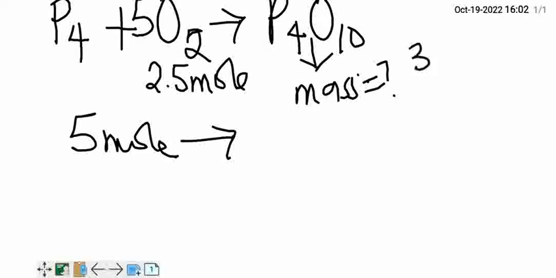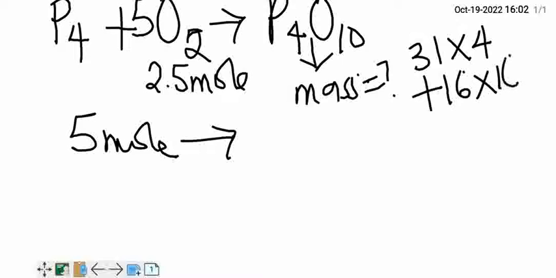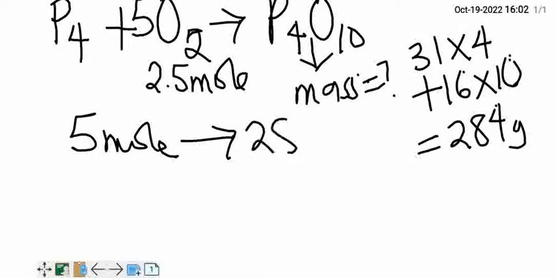Phosphorus atom is 31 times 4, there are 4 atoms there. Each oxygen is 16, 16 times 10 is 160, plus 124. This gives 284 grams. So 5 moles produces 284 grams. That's the principle. The equation is telling us that 5 moles will always produce 284 grams.